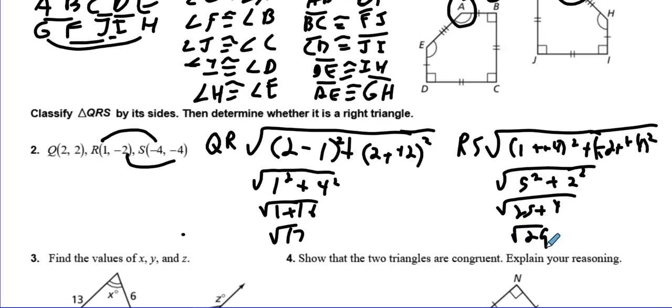So right now we know it's not going to be equilateral, and we know it's not going to be, well, we don't know. It could be isosceles if one of these other ones matches. Okay? And I'm going to do QS or SQ, doesn't matter. Just be careful with the order. Okay? So again, I'm going to put this first.